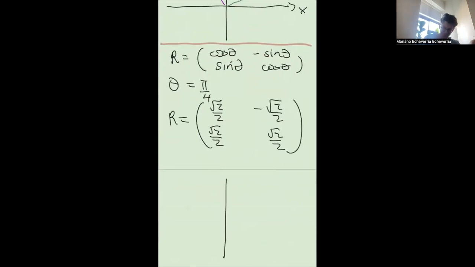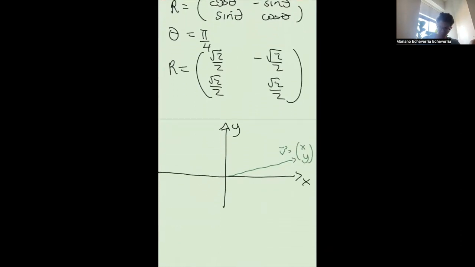And again, what that means is that if you do x and y, you can put the vector here, x, y, and I want to find the vector that was rotated by 45 degrees. So there's going to be a 45-degree angle here, no longer 90 degrees. But it's kind of the same.